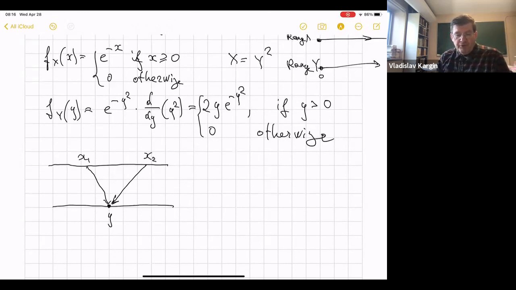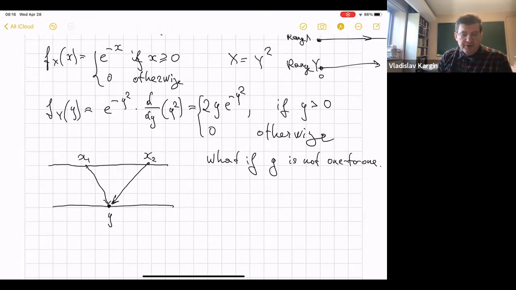So what if g is not one-to-one? In this case, intuitively, it's easy to explain what happens.